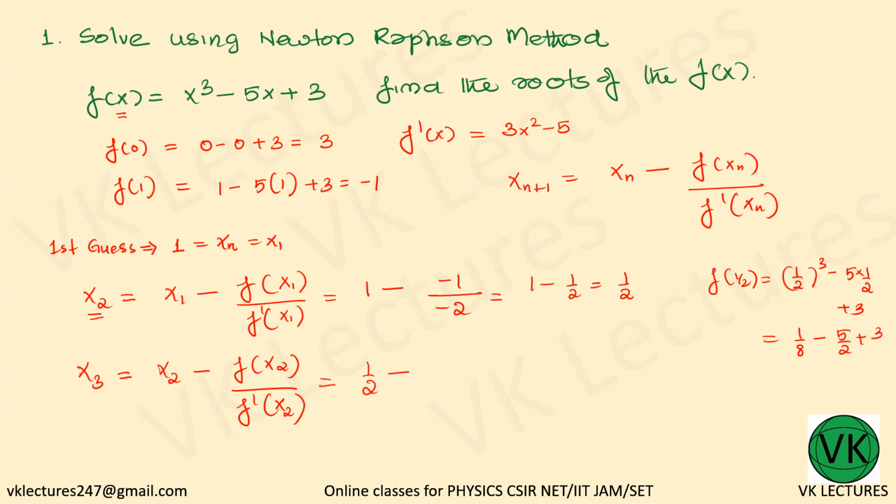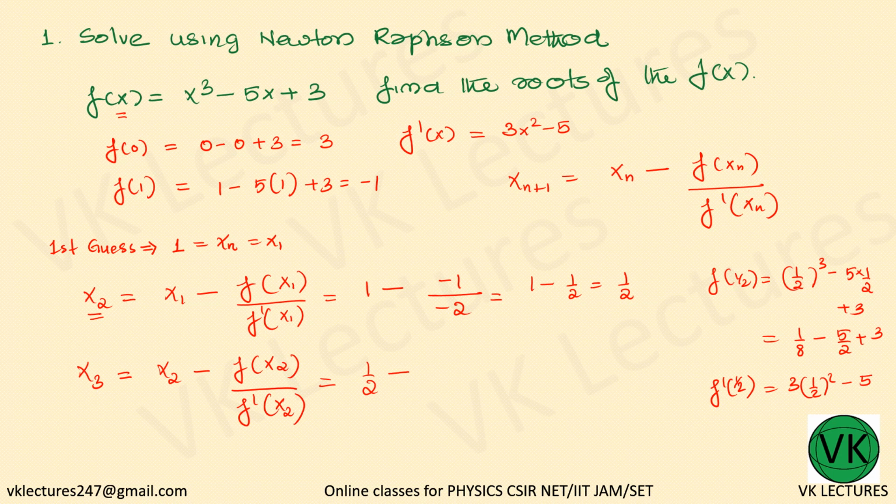What we can do here, okay, keep it like that. Then we have f dash of 1 by 2, because in the denominator we need f dash of x2. So f dash of 1 by 2 means 3 times 1 by 2 squared minus 5.